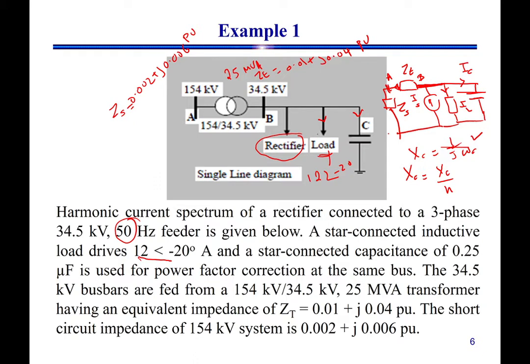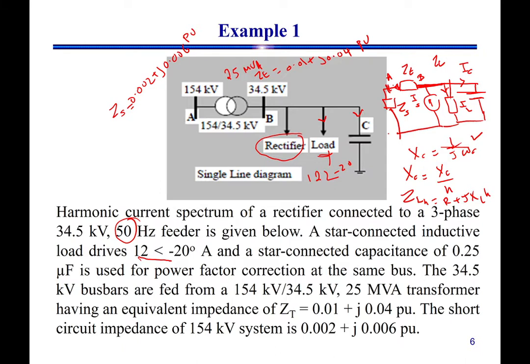So we divide that by the current, and that will give us the load impedance, Z load, at the fundamental frequency. Then we can find Z load at other harmonics. Of course, that will be R plus jXL times H.